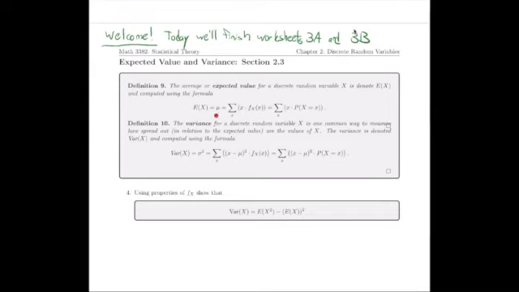That's what this letter here is representing. And we calculate it if we're working with a discrete random variable by saying, what are the possible values of the random variable times what is the probability that we would get that value, and then we sum up all of those products to calculate what's called the expected value.